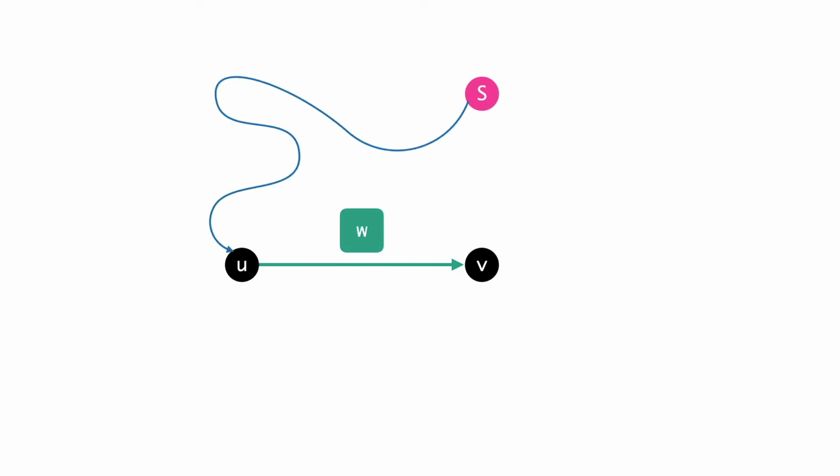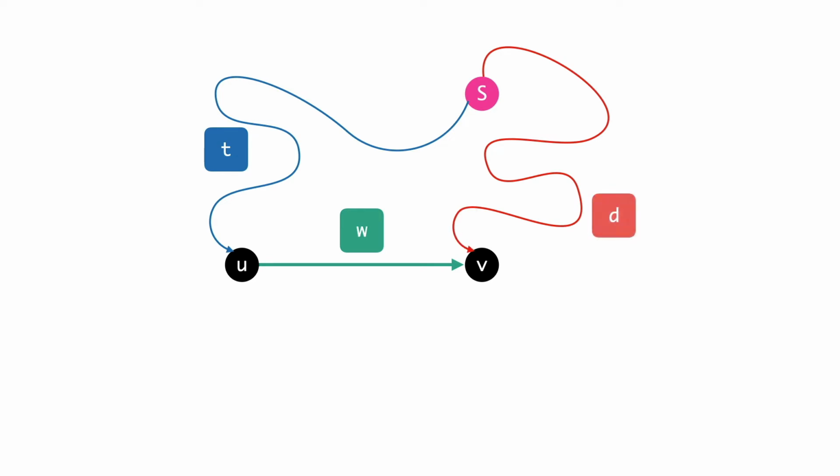So let's say that we have our source vertex here, and we have an edge from u to v whose weight happens to be w, and let's say that we have some current understanding of how to get from the source to the vertex u, and this is reflected in the distance array with the value t, which is to say that there is some path from s to u whose total cost is t, and similarly we have some value in the distance array for the vertex v, that value, let's call it d, which is again just to say that our current understanding is that the best way to get to v from the source s is via a path whose total cost is d.